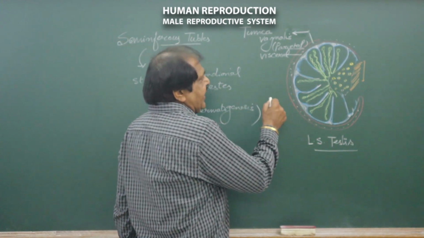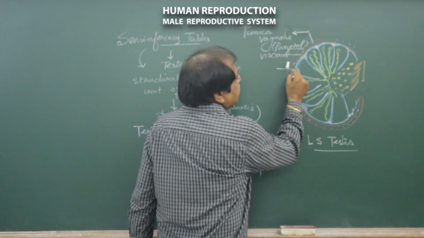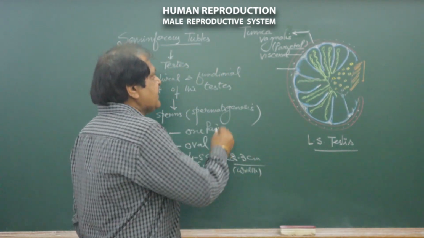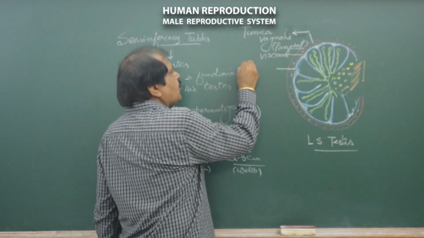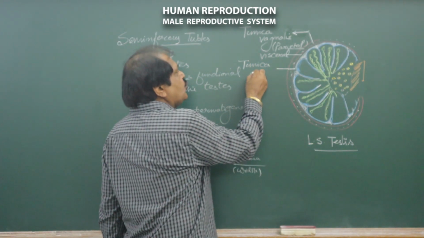Then the second layer is this one with white chalk. It is the tunica albuginea.